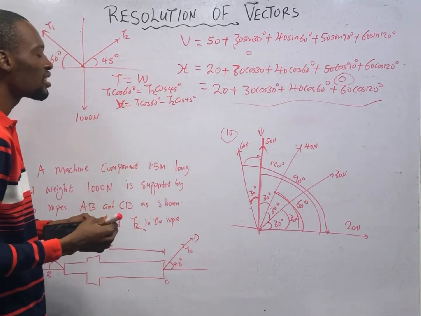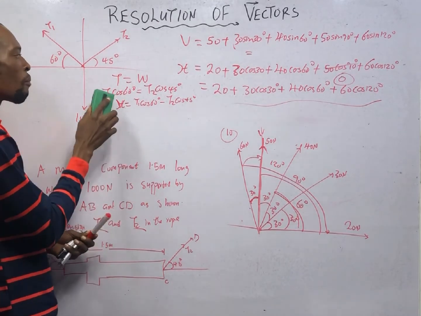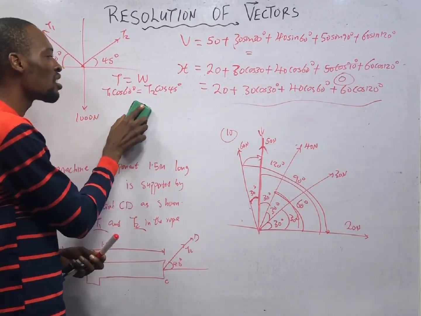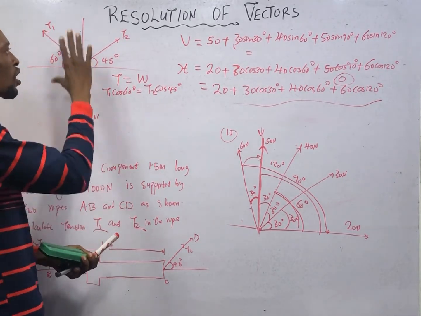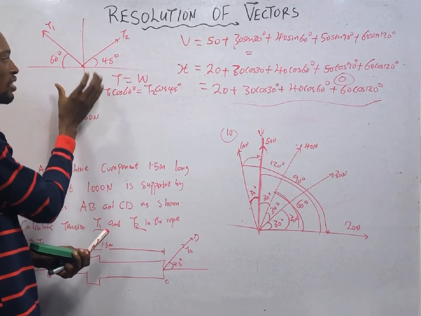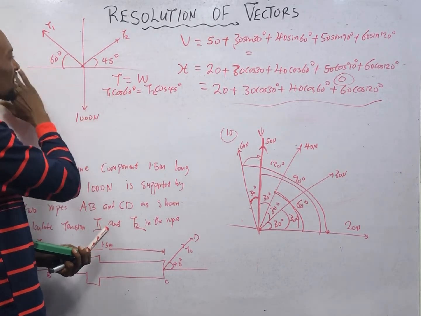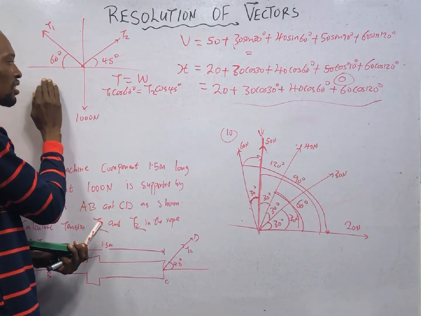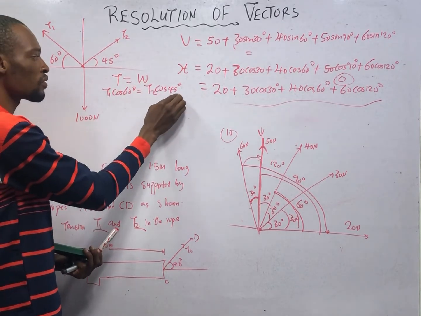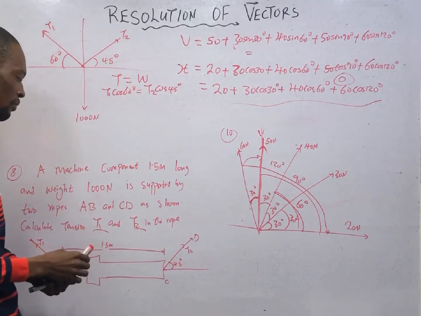They are acting in different directions. But in this case, we are dealing with tension. And when it comes to tension, it is opposite the weight. We have the weight, we have the tension. So for this area, T1 cos 60 degrees is equal to T2 cos 45 degrees, trying to balance.